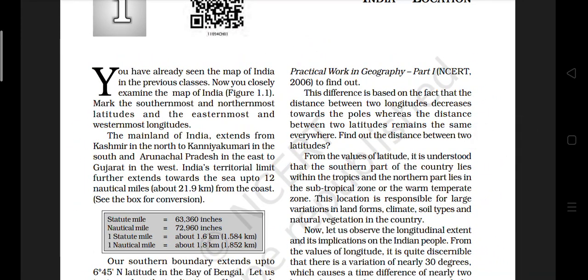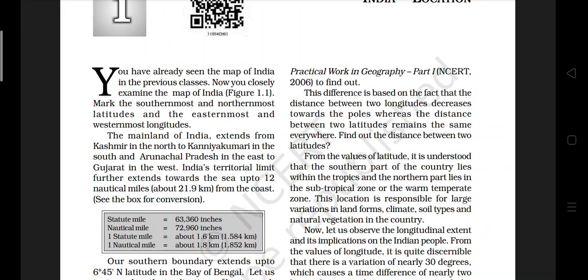Mark the southernmost and the northernmost latitude and the easternmost and the westernmost longitude. The mainland of India extends from Kashmir in the north to Kanyakumari in the south and from Arunachal Pradesh in the east to Gujarat in the west.